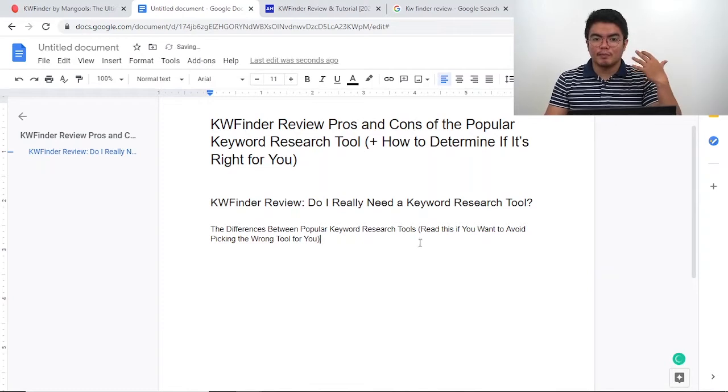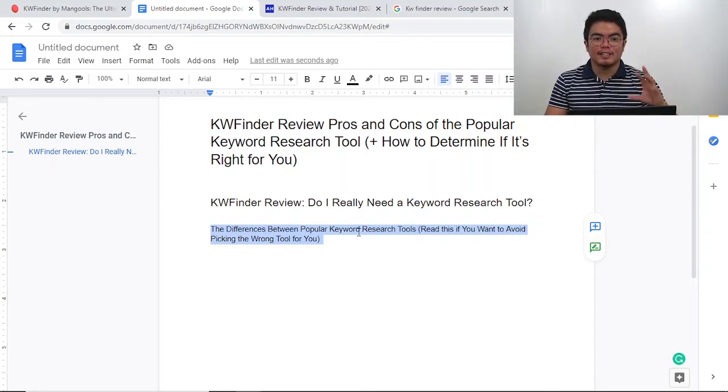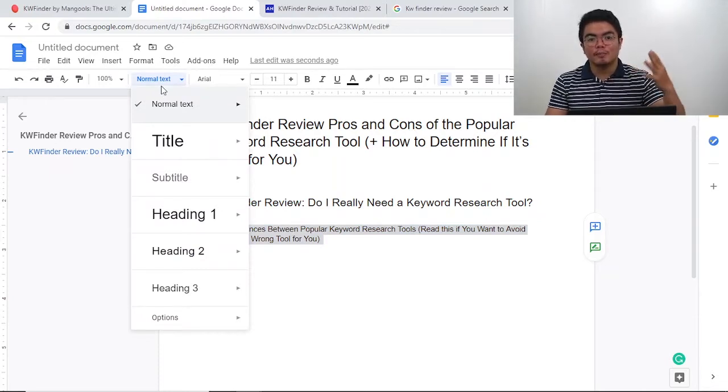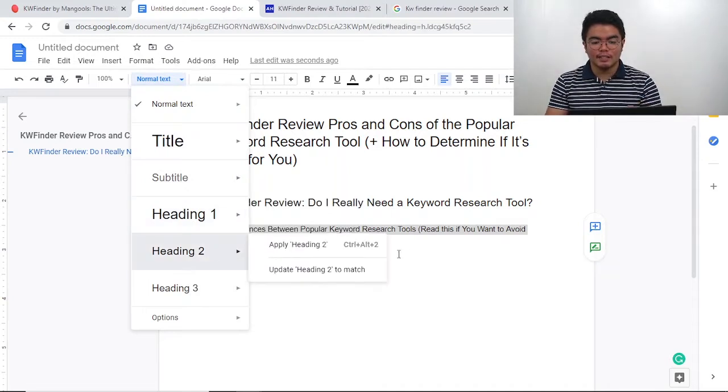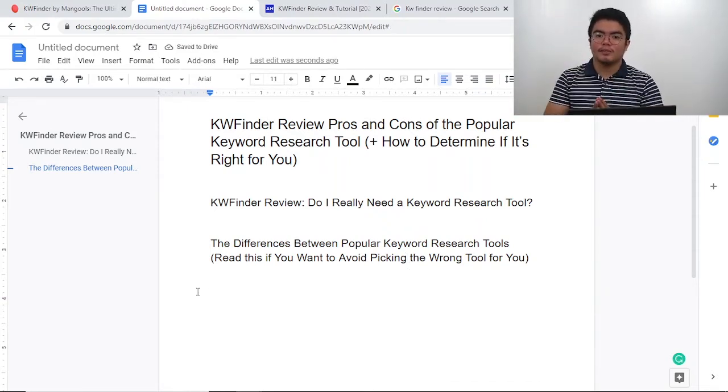Of course, we can make the heading a little more exciting by adding this part. Remember, making your headings exciting like the title is very important as well, especially if people are scanning your blog. You want to make them read the content, not just the headers. So adding something like this, read this if you want to avoid picking the wrong tool, is a very good idea.